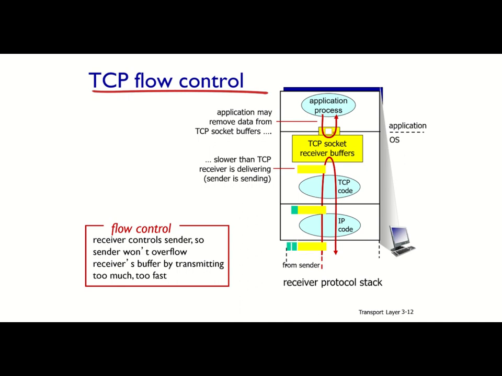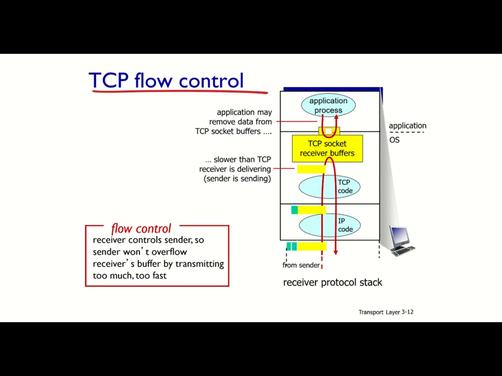There may be some cases in which the rate at which TCP adds data to the socket buffer is way more than the rate at which the application process removes data from the TCP socket buffer. Therefore, the buffer may become full.